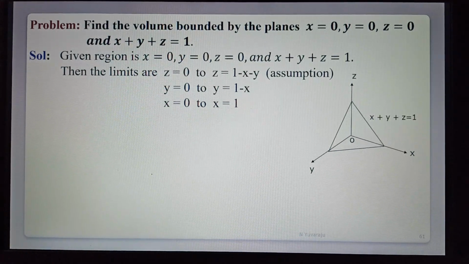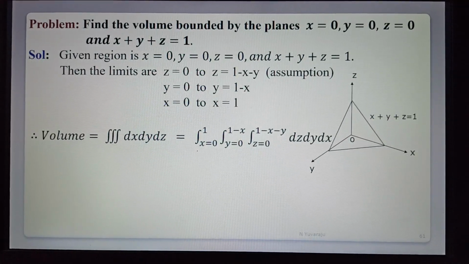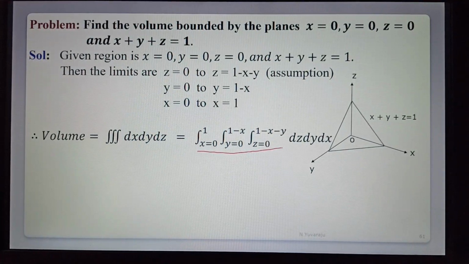Now finding the integration, the volume is equal to the integration of dx dy dz, that is equal to the integration of x from 0 to 1, y from 0 to 1 minus x, z from 0 to 1 minus x minus y.